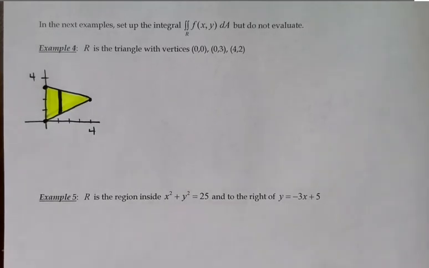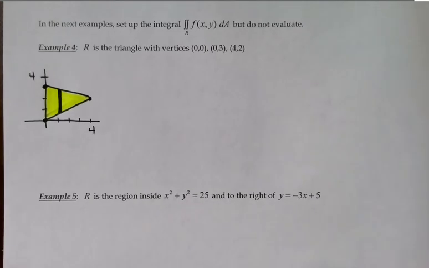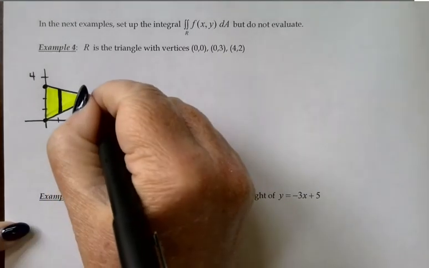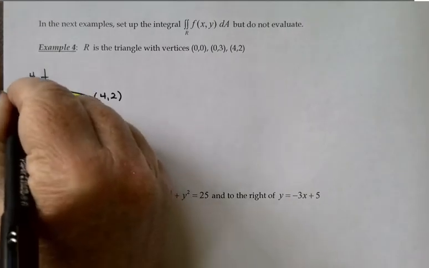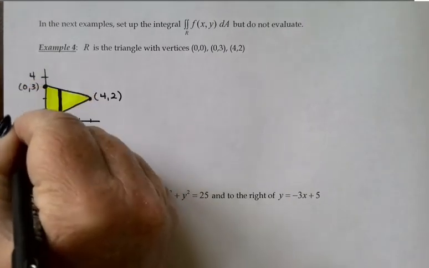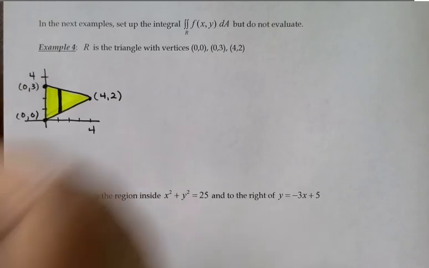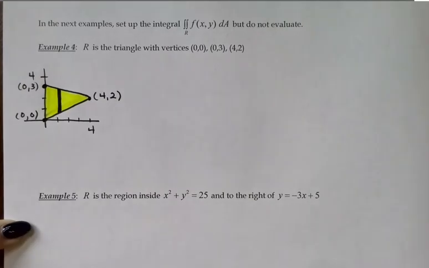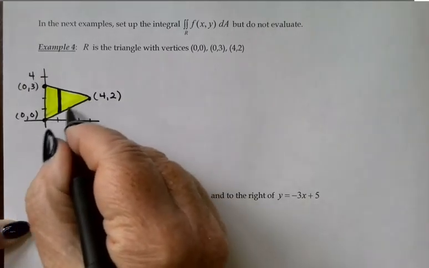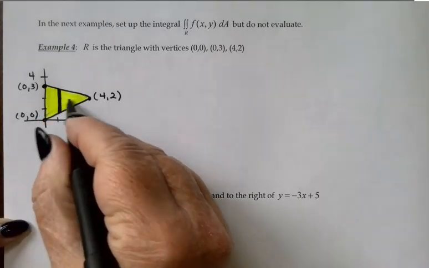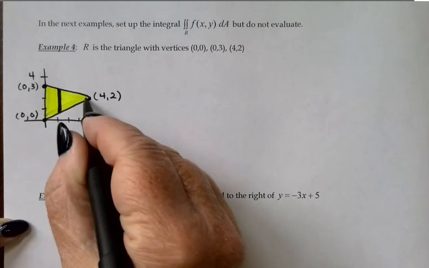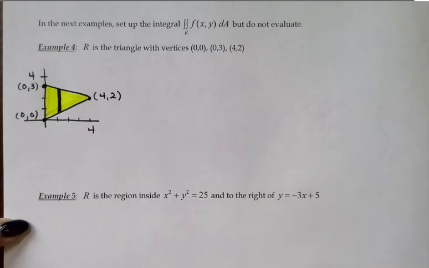We can get these just by thinking about the points themselves. Let's see, this was the point 4, 2, and this of course is 0, 3, and 0, 0. So this first line here has a slope of, let's see, up 2 and over 4, so 2/4 or 1/2 would be our slope.